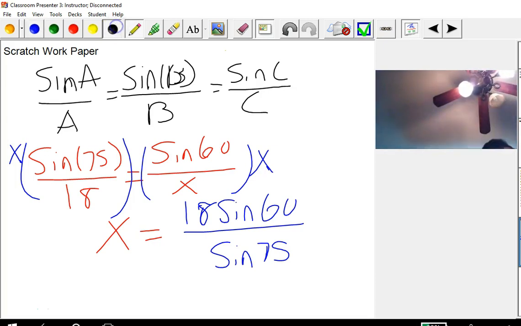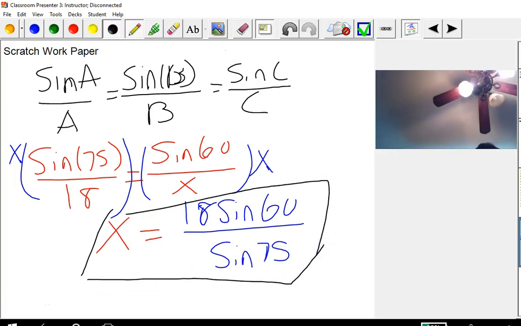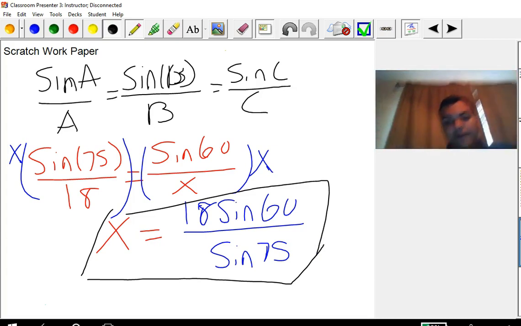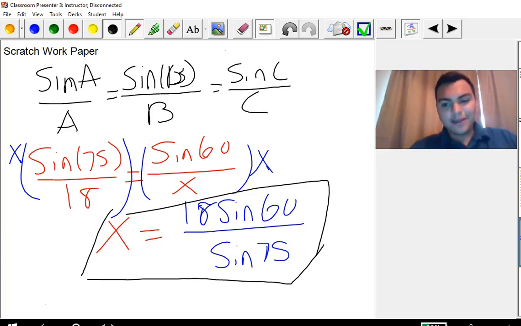But I stopped here because that's where the ACT problem stops. It doesn't want you to use your calculator to find the exact values of these. It just wants you to leave it like that, because you've shown you know what to do, and you've shown what they expect of you, to know the law of sines and be able to apply it.